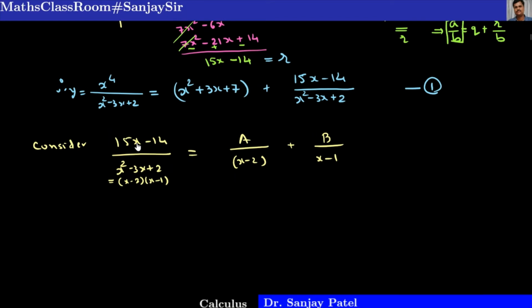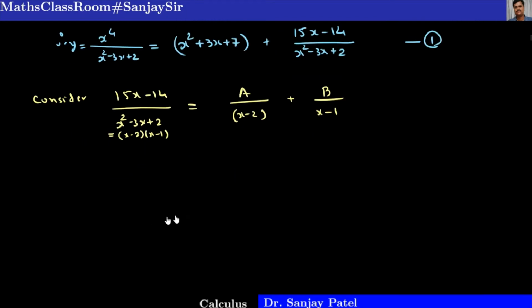Now comparing the two sides, we can express this as 15x minus 14 is equal to a into x minus 1 plus b into x minus 2. Taking the LCM and then simplifying and comparing both the sides, we get this. Now finding the values of a and b by taking different values of x.